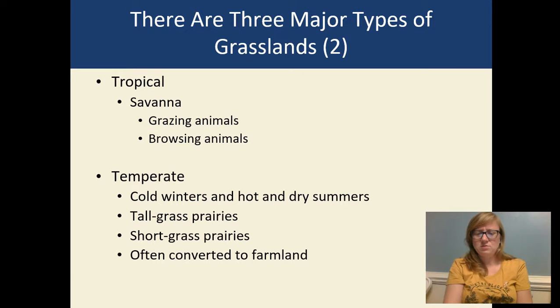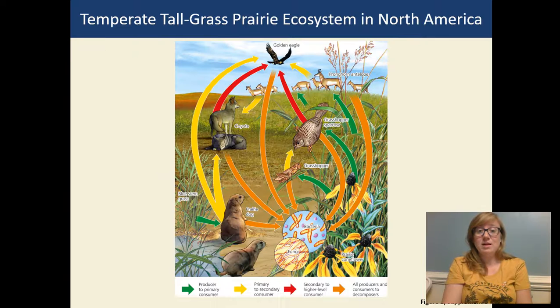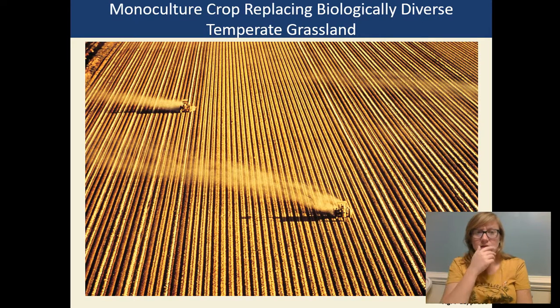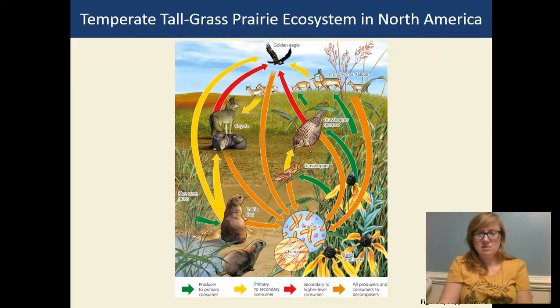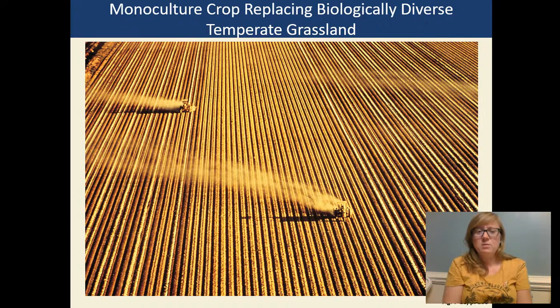But I want to talk to you for a minute about why that's not a great idea. So let's take a look here. So we saw with that grassland, now we can see in this picture, that you have a lot of diversity, a lot of biodiversity. There's lots of different animals and plant species. And when we turn that area into a farm, we call that a monoculture, like if we're planting wheat or corn.